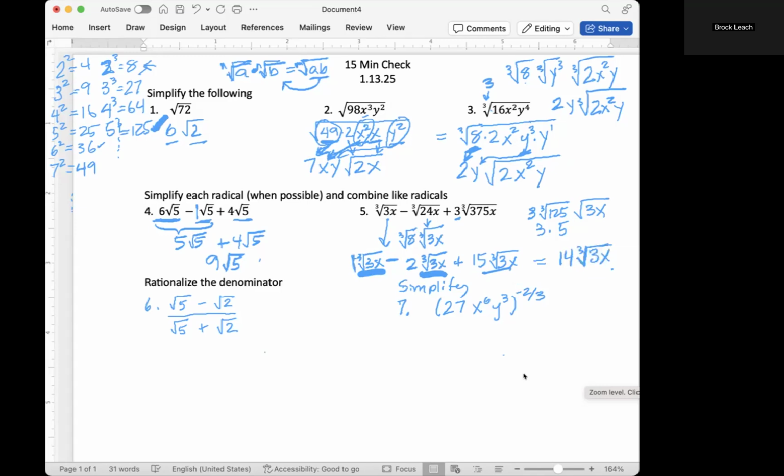Cool. So it looks really complicated, but we just have to remember adding and subtracting and multiplication are always following different rules. So just be careful with that. As we simplify radicals, we just want to pull out perfect squares and perfect cubes as much as we can.